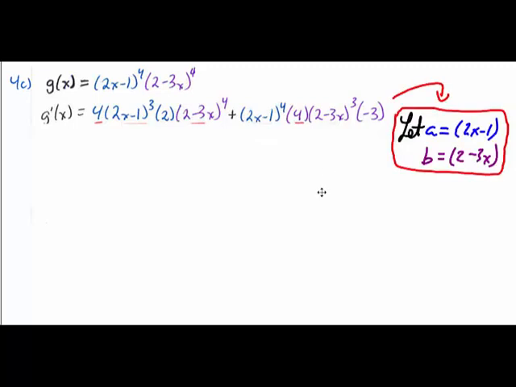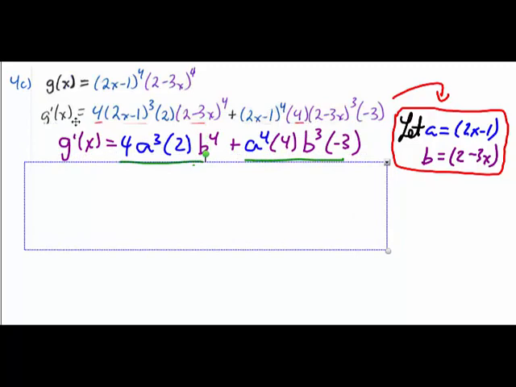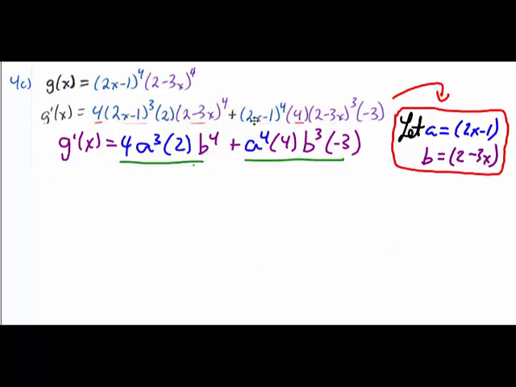So I want to look at this in terms of if we think about each of these individual bracketed expressions, each of the bracketed terms as being a simpler A and B situation, we can rewrite this equation as 4 A cubed times 2 times B to the fourth plus A to the fourth times 4 times B cubed times negative 3.